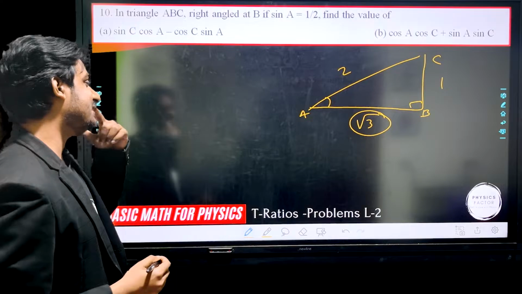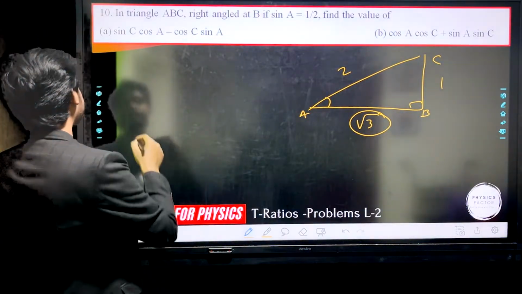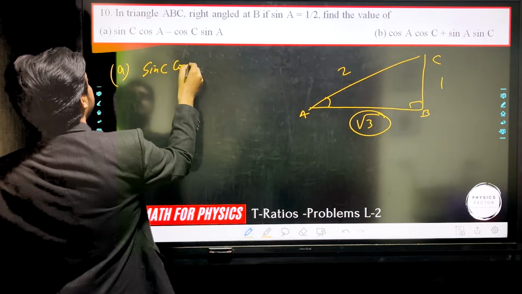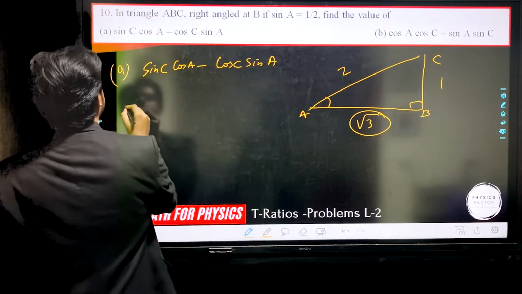And now we have all the sides. So we can calculate all the values basically. So first part, sin C cos A minus cos C sin A. We'll substitute all the values.